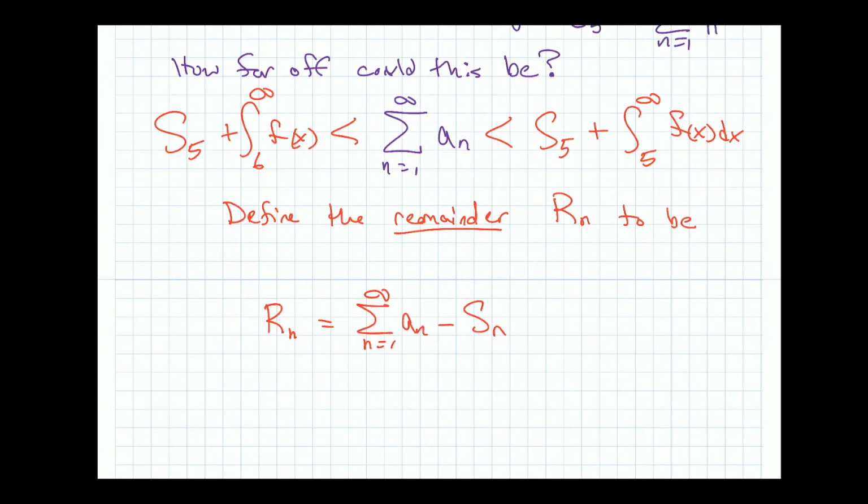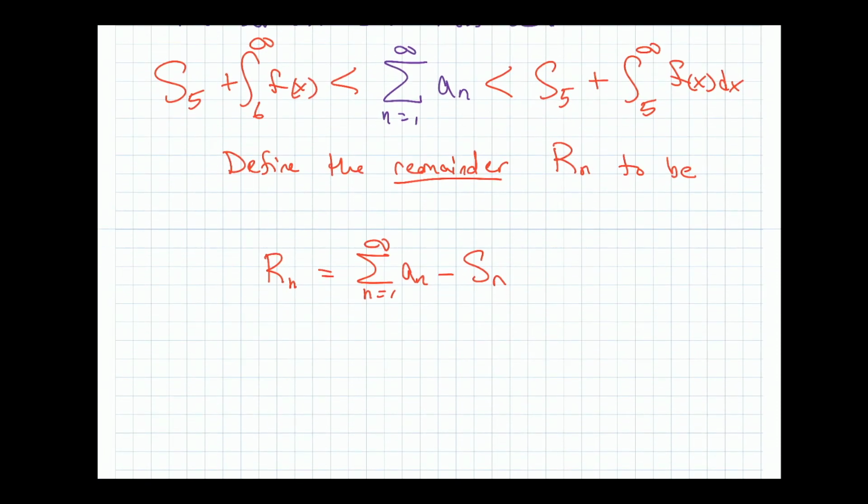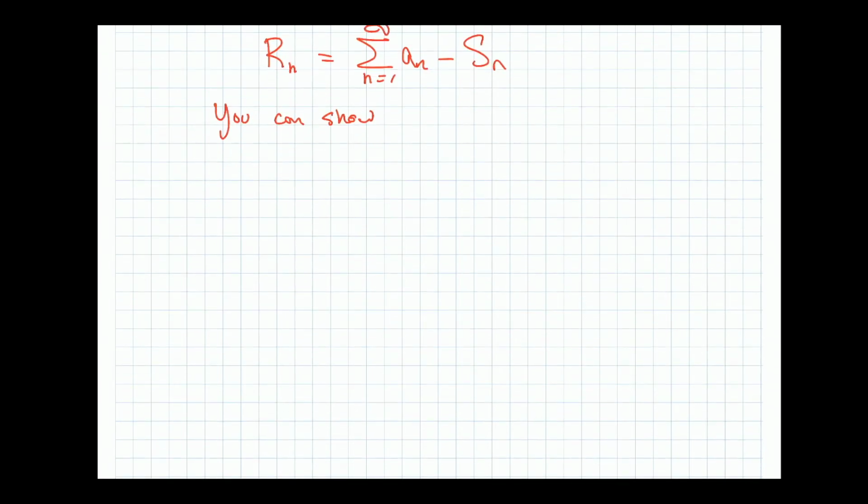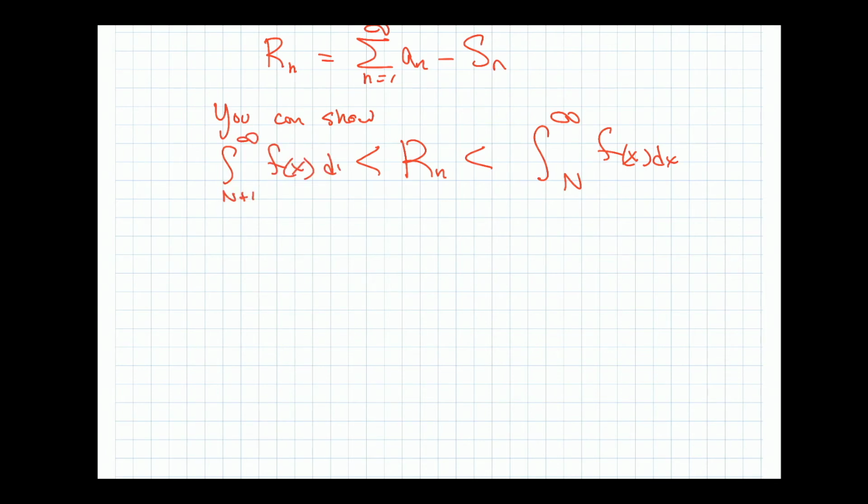So if you take what we have here, you can show, I'm not, but you can show that Rn is stuck between the integral from n to infinity of f of x dx, and the integral from n plus 1 to infinity of f of x dx.